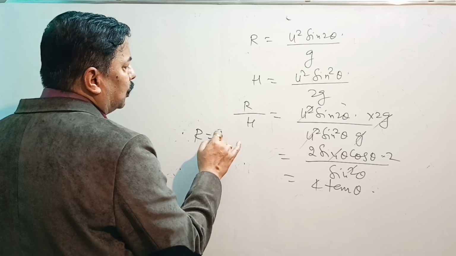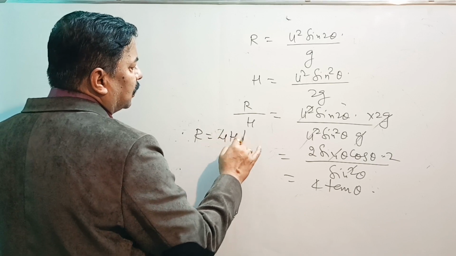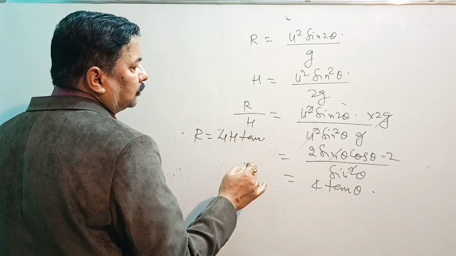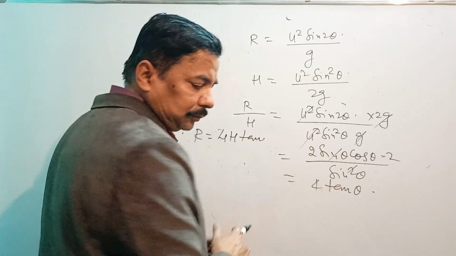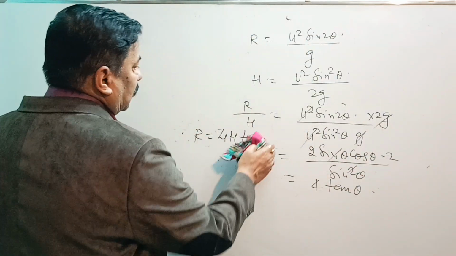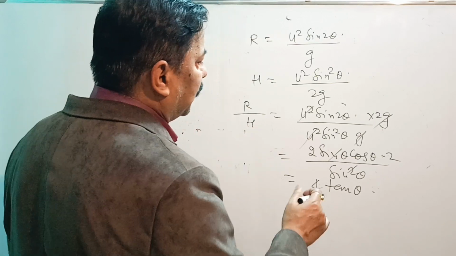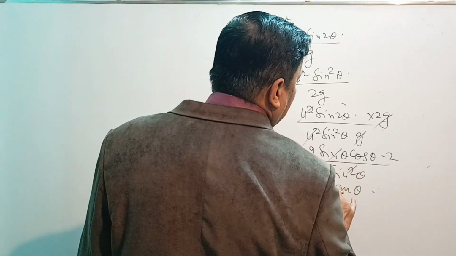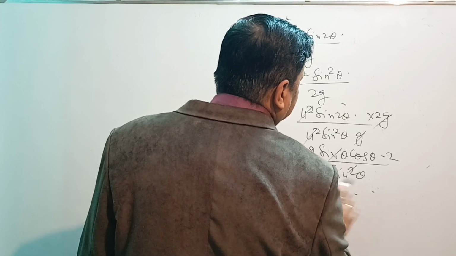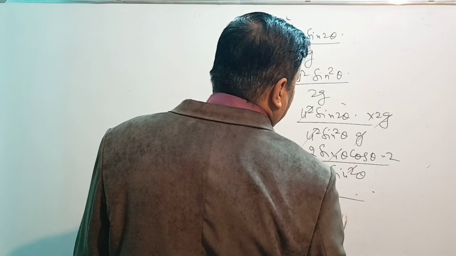R is equal to 4h tan theta. No, we have made a mistake. It is not 4 tan theta, it is 4 by tan theta.